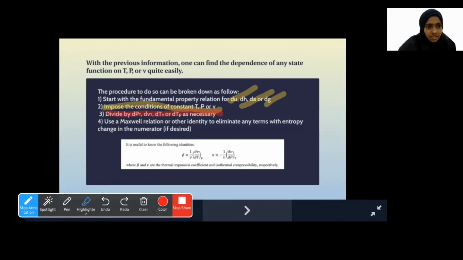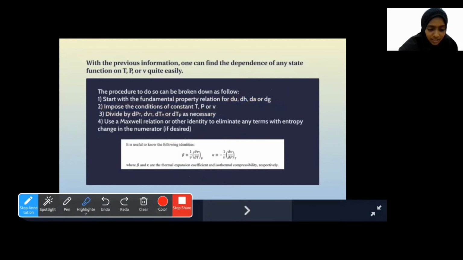It is not a necessary step, and it is not necessarily entropy. It could be any other terms that we want to omit, such as temperature, pressure, or volume as well. Below, the thermal expansion coefficient and isothermal compressibility are used to eliminate the terms.